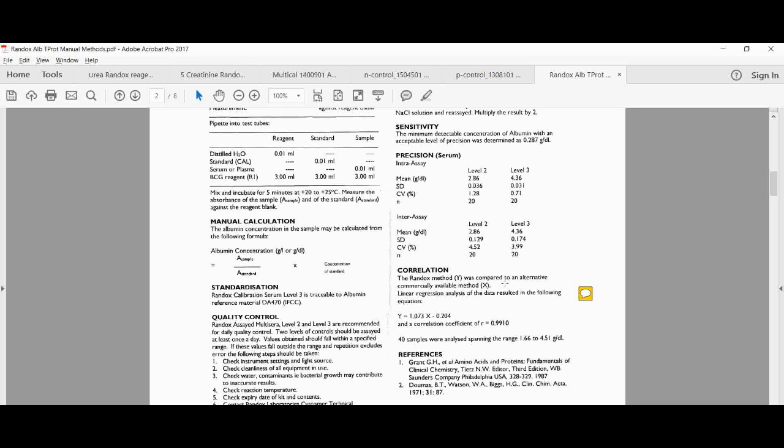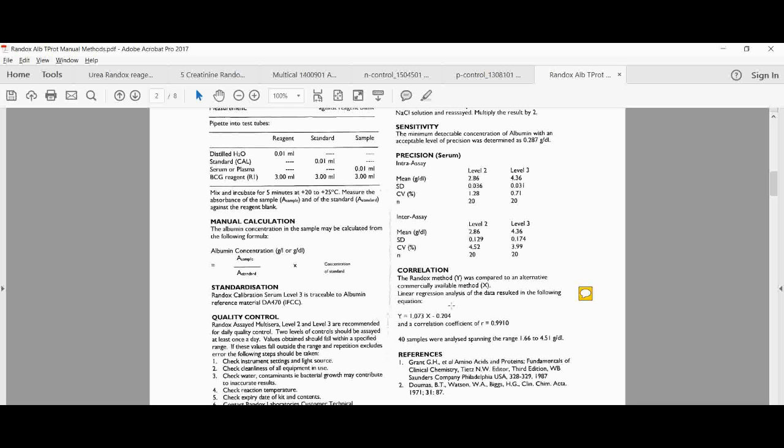Then they also did a correlation study of this method, whereby they compared this method with another commercially available method for albumin analysis.